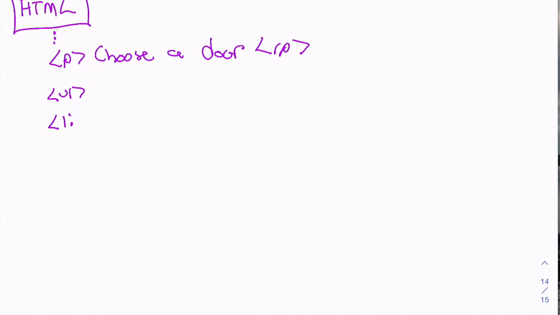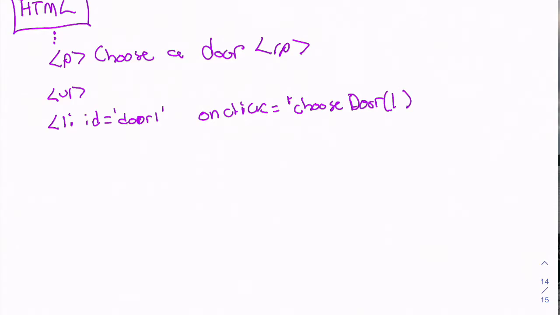All right, so we're going to do a list item, set the ID equal to door1. And we're going to write some code here that says onclick, chooseDoor, and we'll pass in the value 1.